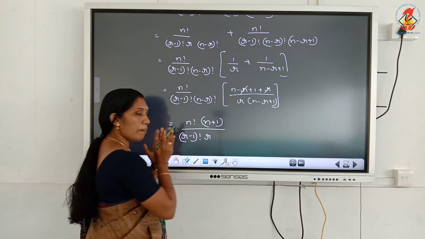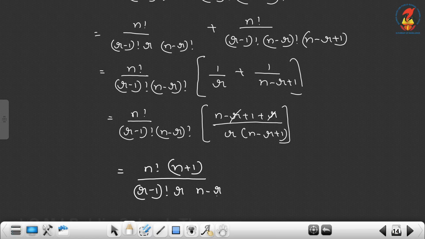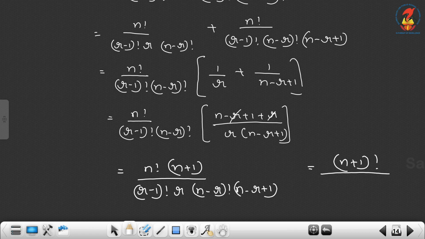So this we can combine and write r factorial. Like that, (n minus r) factorial into the next number. So we can write n factorial into (n plus 1). Like 5 factorial into 6 is 6 factorial. So the same way, it is (n plus 1) factorial by r factorial and (n minus r plus 1) factorial.